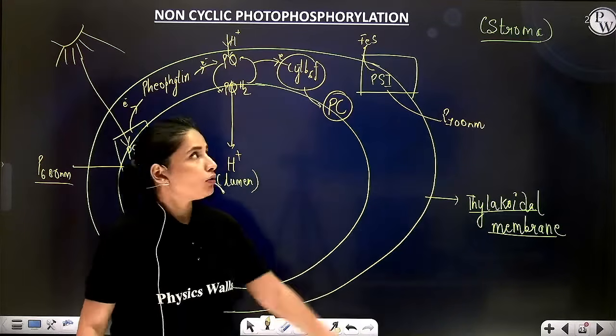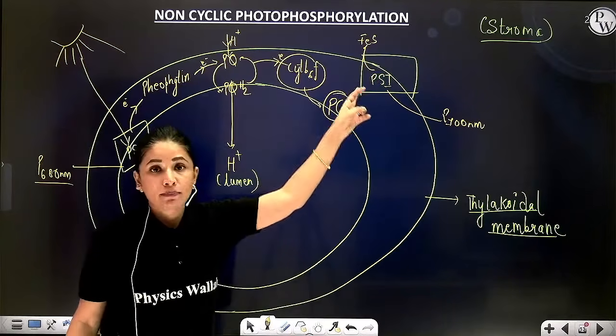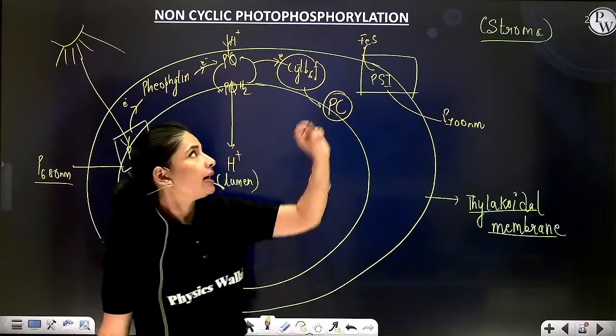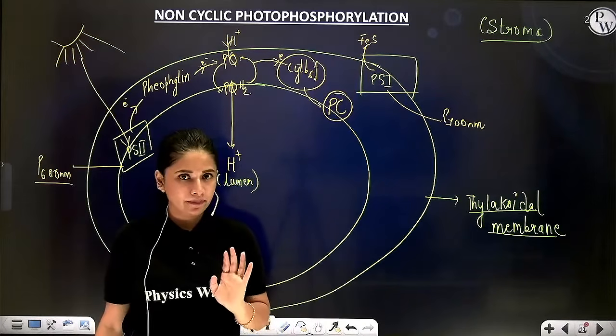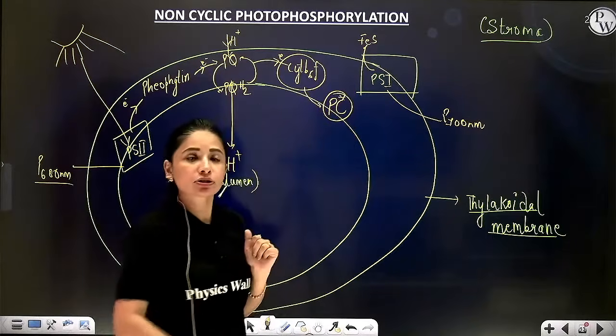Correct? Now, PS1 has given its electron to iron sulfur, because of which PS1 is having one electron less and iron sulfur is having one electron more. Now here plastocyanin is also having one electron extra.